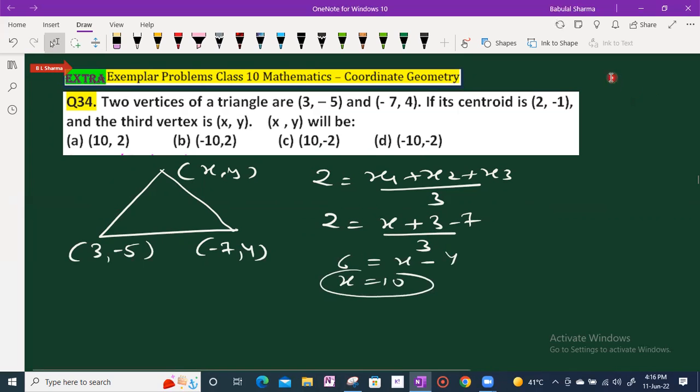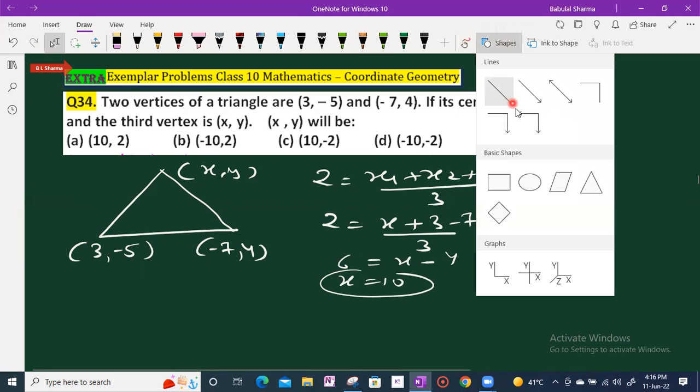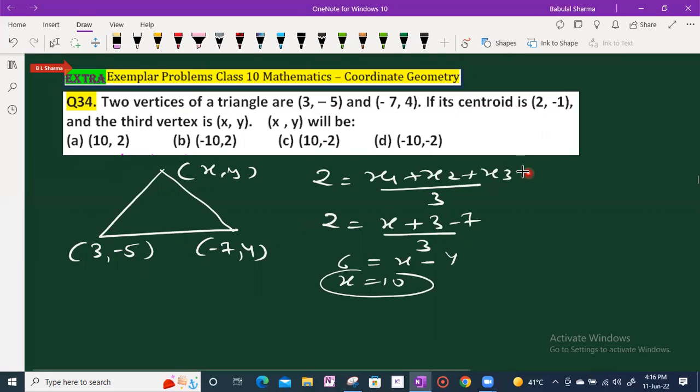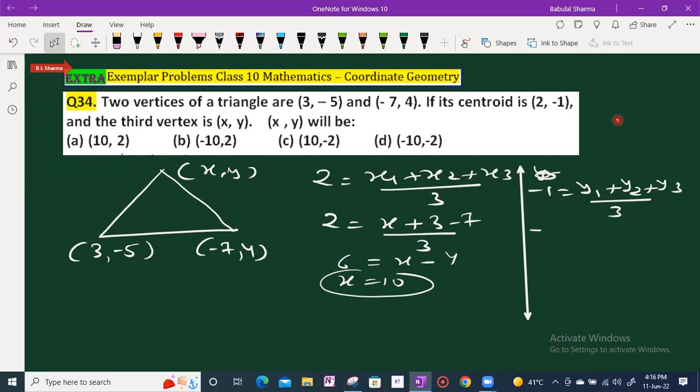And for the y coordinate, the y coordinate of the centroid is minus 1, which is (y1 plus y2 plus y3) upon 3. Minus 1 equals (minus 5 plus 4 plus y) divided by 3.